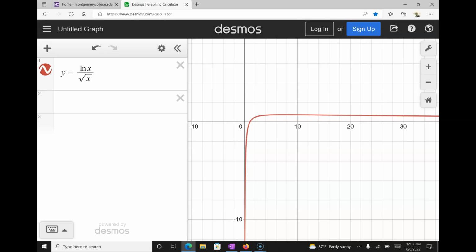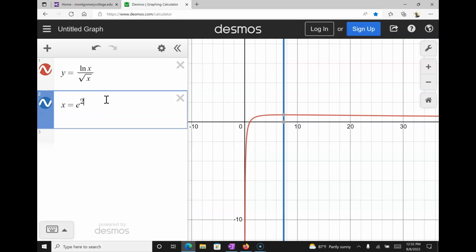But it is the left endpoint of my number line when I do that. And then it's hard to see it, but it's going up and then coming back down again at e squared. So let's see, x equals e squared. Right there is the high point of the hill. Very hard to see, right? Which is why you're kind of trusting the calculus, right?